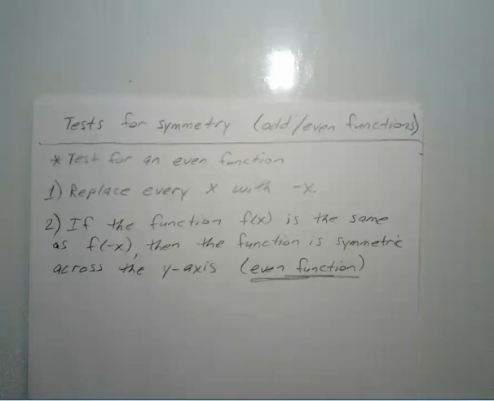Okay, so remember, when it's symmetric across the y-axis, it's an even function. So this allows us to find out if it's odd or even without being able to actually see the graph.